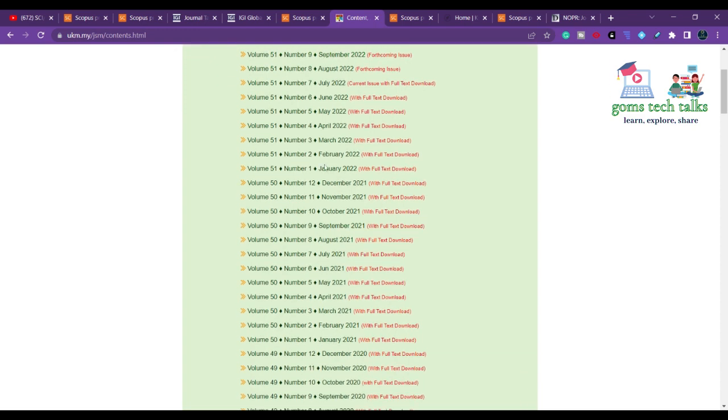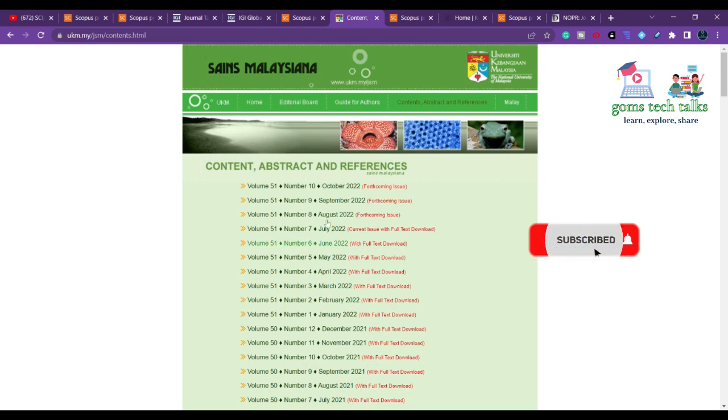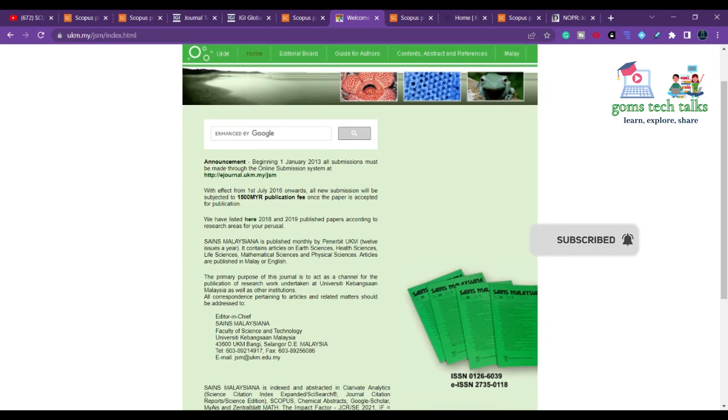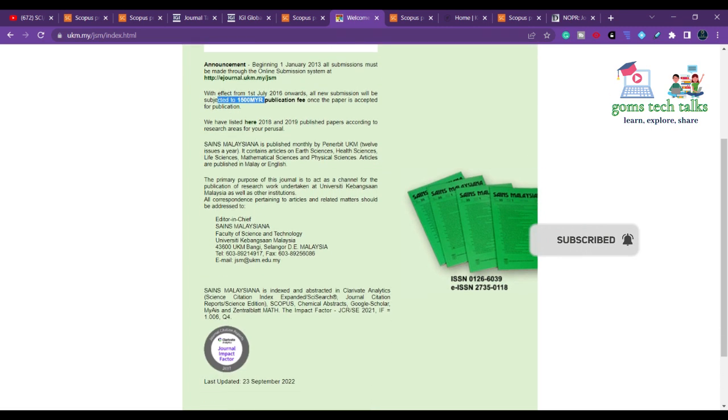In 2021 you can see December, November, October, so it's nearly 12 issues a year, and they are charging 1500 MYR, which is a Malaysian currency. And here you can see the subjects they are concentrating on: earth science, health science, life science, mathematical science, and physical sciences.